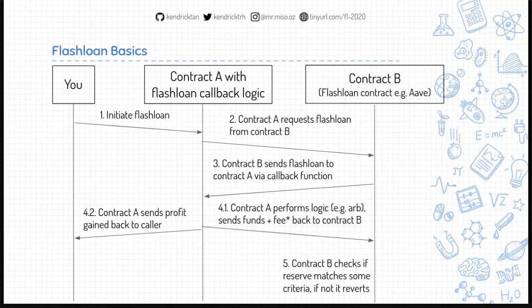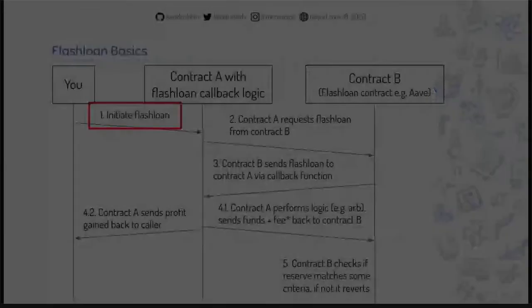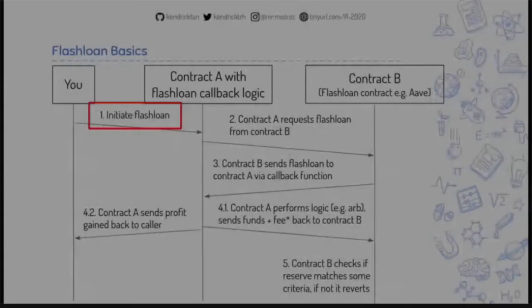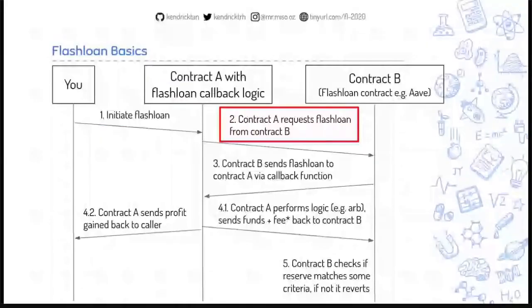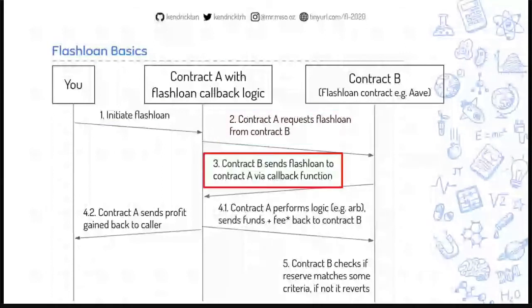To give you an understanding of the flow, if you would like to perform a flash loan, you would first need to initiate the flash loan to contract A. Contract A would then request the flash loan from contract B. Contract B sends the flash loan funds to contract A via the callback function. Again, we'll touch upon this callback function a bit later on.